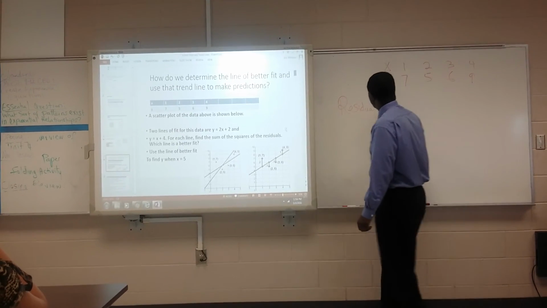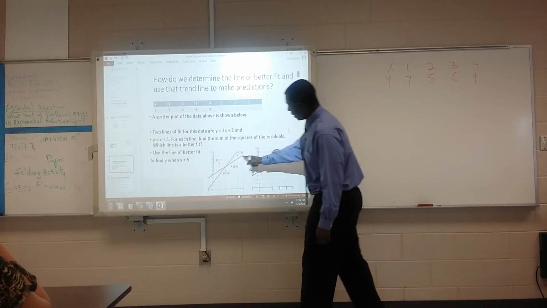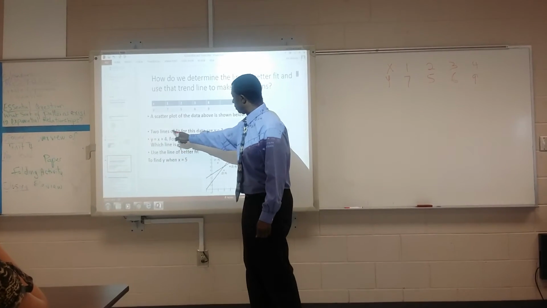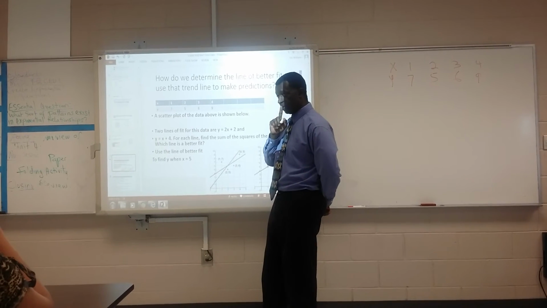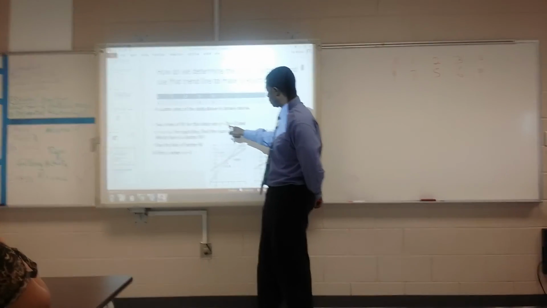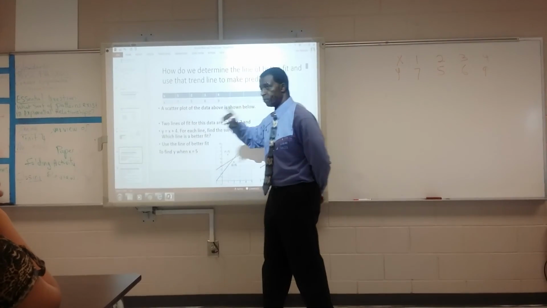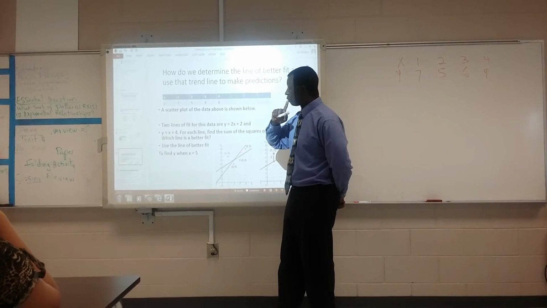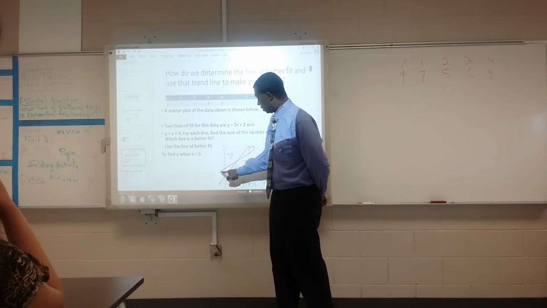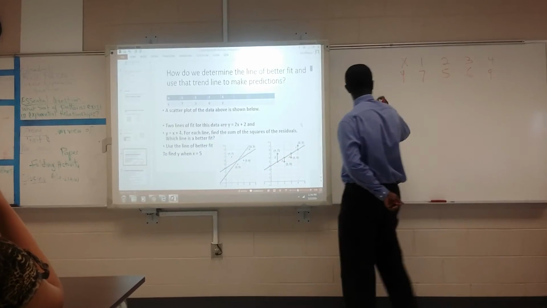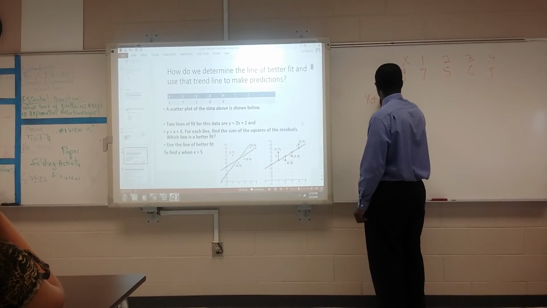All right? Now, for the red line, which of these equations do you think is the equation of the red line? Do you think it's y equals 2x plus 2, or y equals x plus 4? Y equals x plus 4, because the y-intercept is 4, we see it is 4 right here, right? So we have y equals x plus 4.